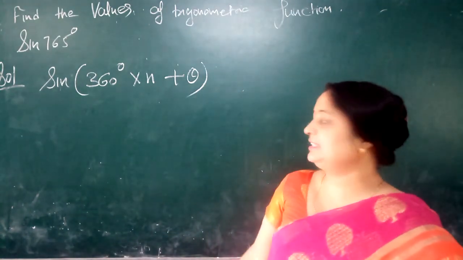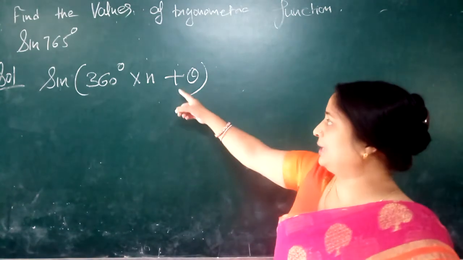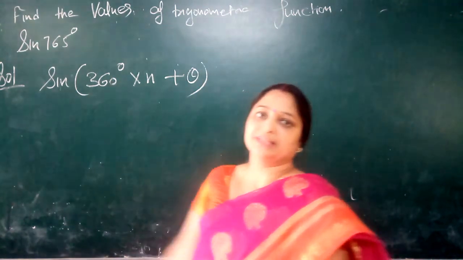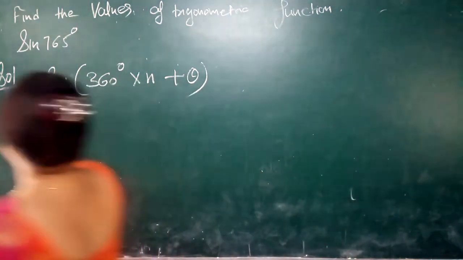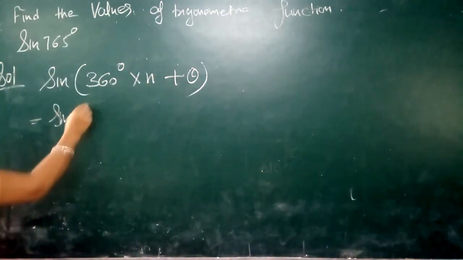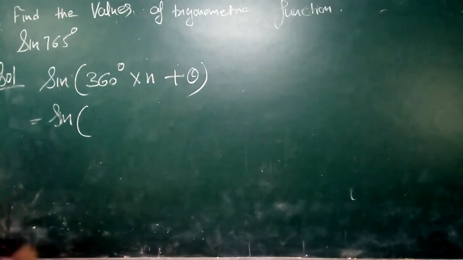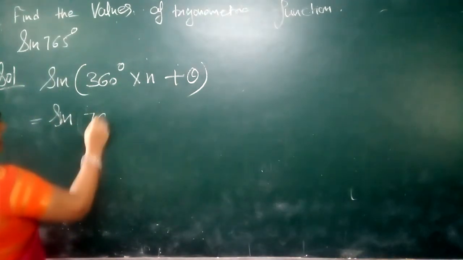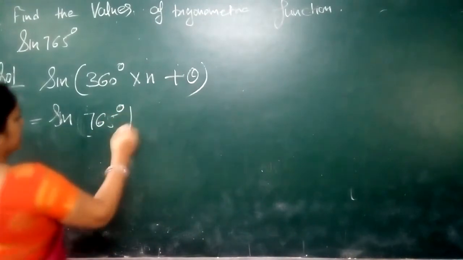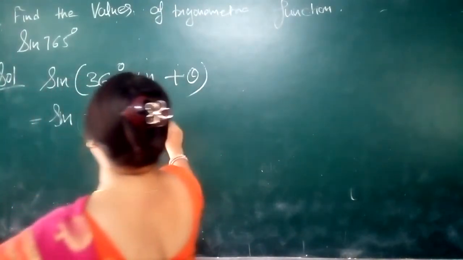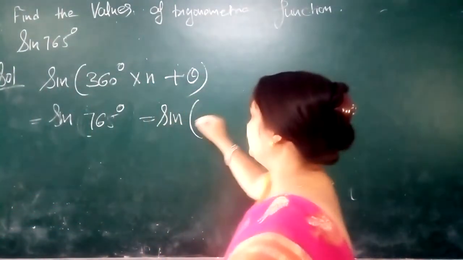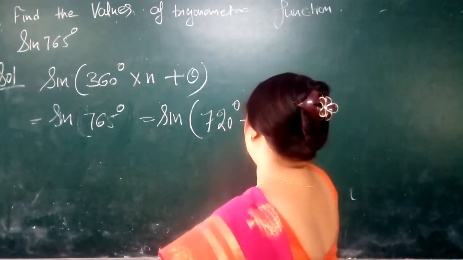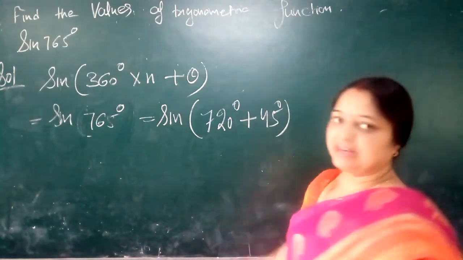So sine of 360 degree into n plus theta. First of all, we will break this term sine 765 degree. We can write sine 765 degree as sine of 720 degree plus 45 degree.